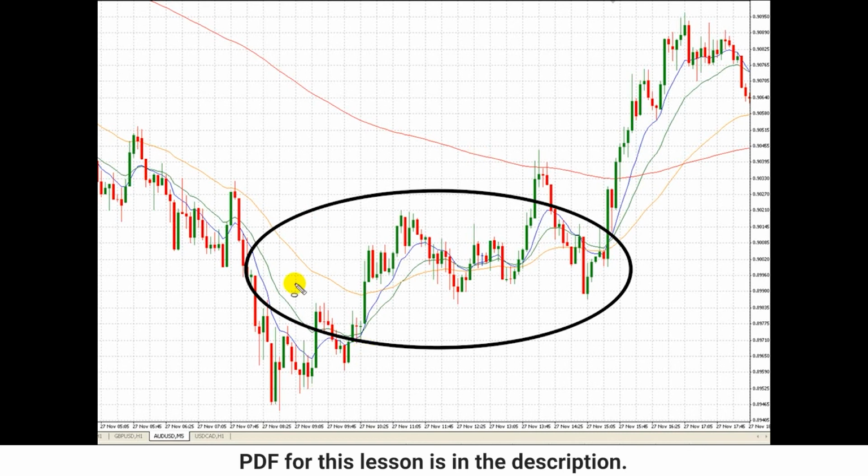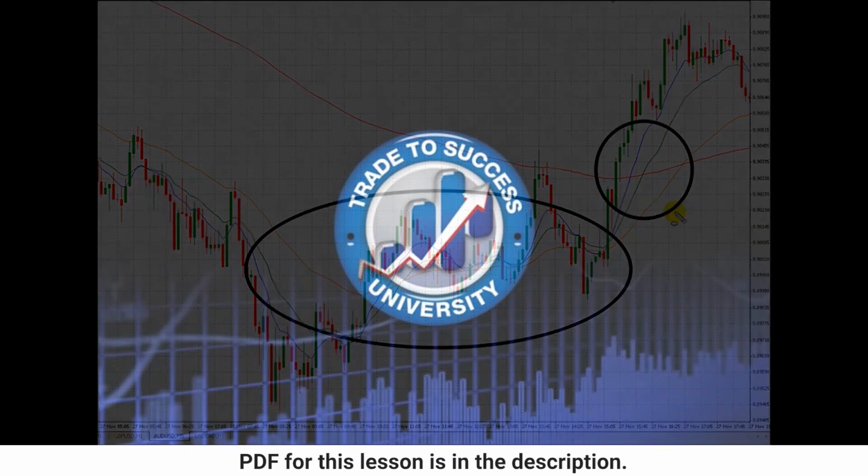Now the EMAs are all changing direction, but it's not until this area right here where the EMAs start to cross over the big 200 red EMA that we can actually start seeing a trend change occurring.